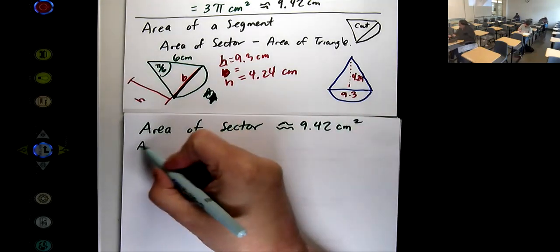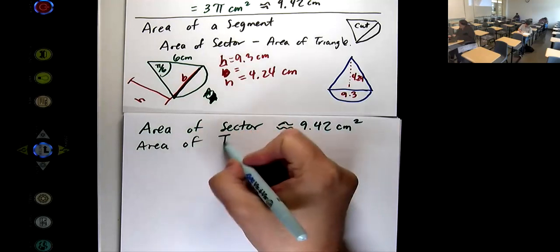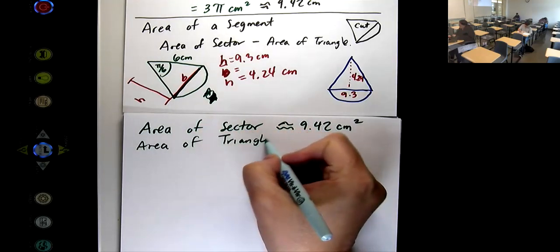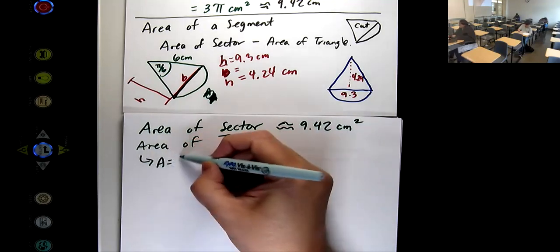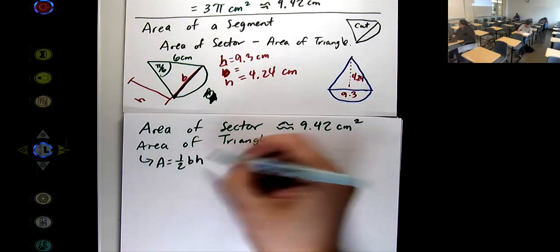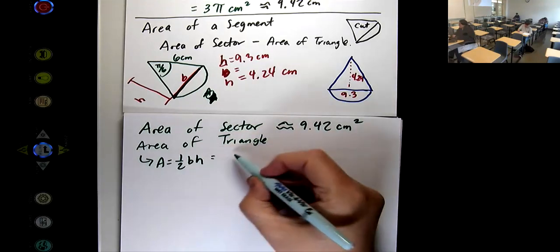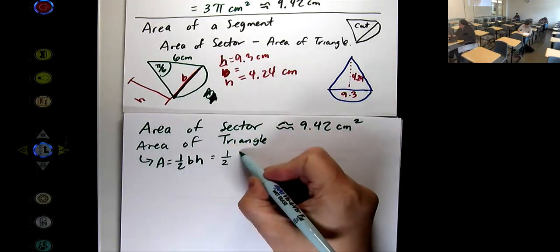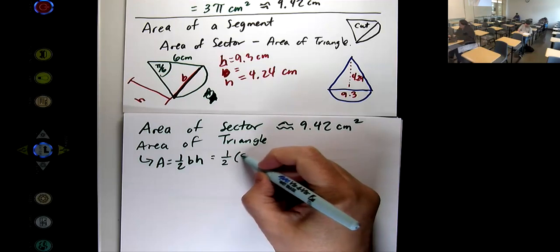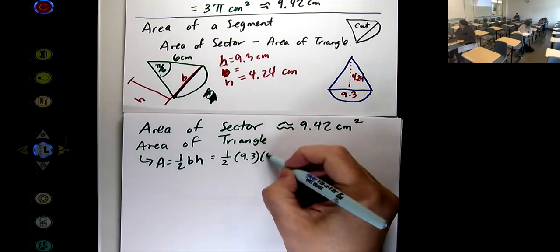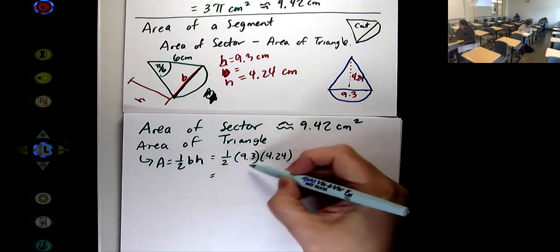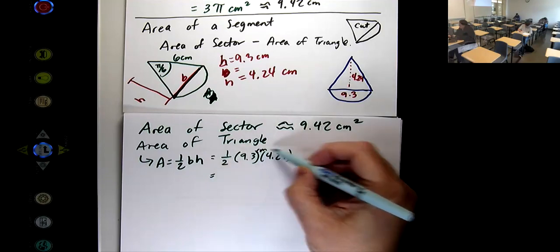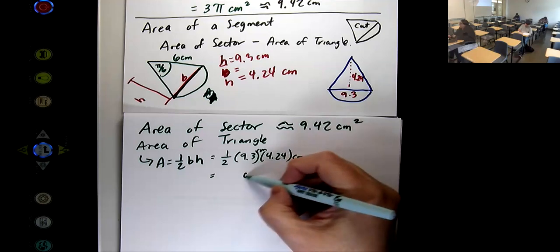The area of the triangle we have to calculate. But if you remember from our equations, that is 1/2 base times height. So in this problem, that is 1/2 times 9.3 times 4.24. And this is centimeters and centimeters, so we end up with centimeters squared.